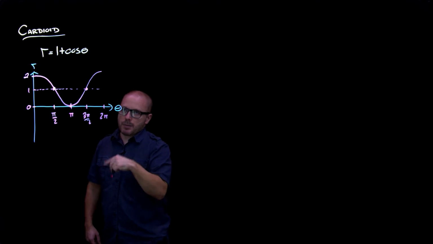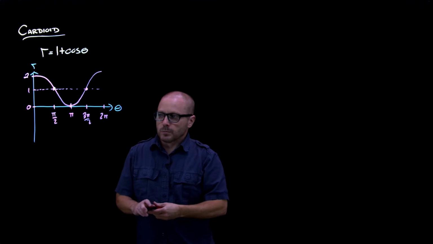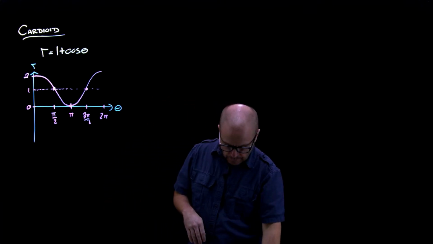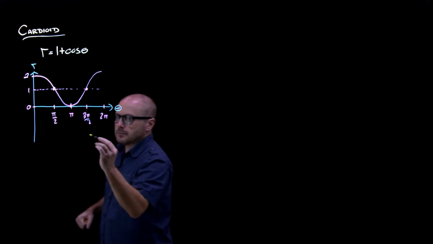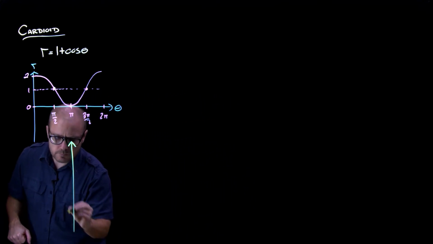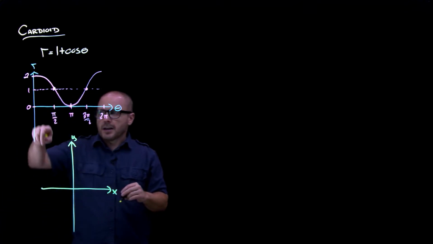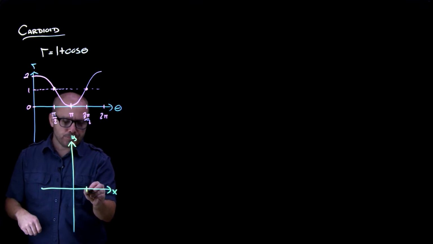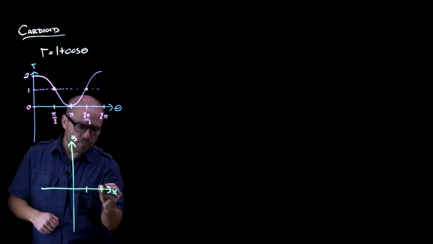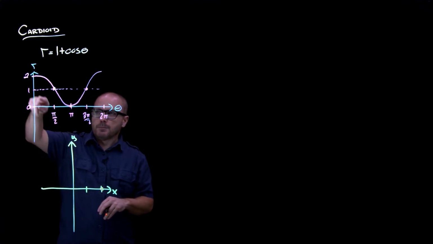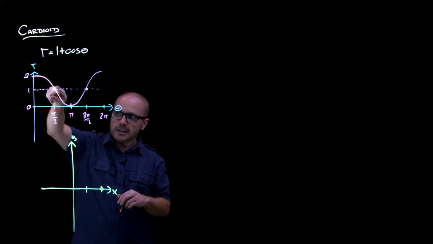So let's think about spiraling in, spiraling out, and what that's going to do in the polar plane. When theta is 0, we start out at 2. And then the entire time from 0 to pi, we are spiraling in, right?